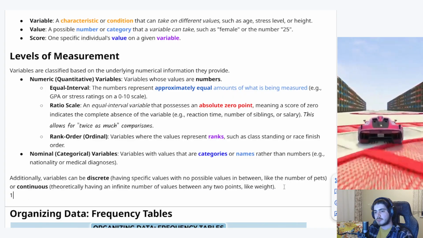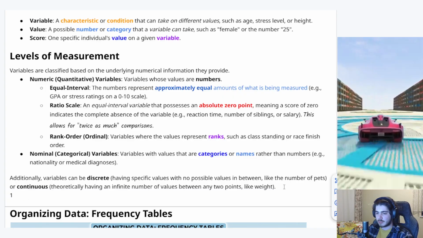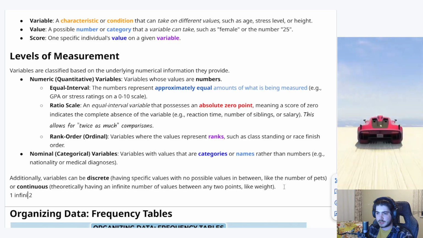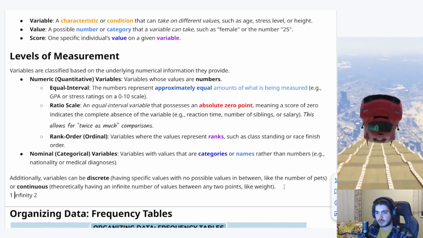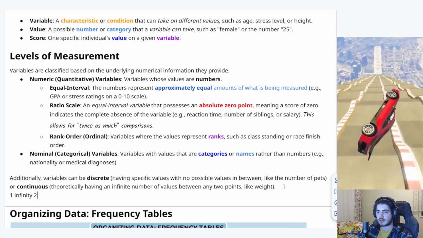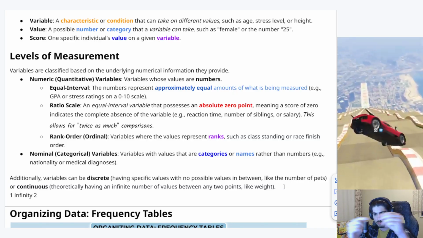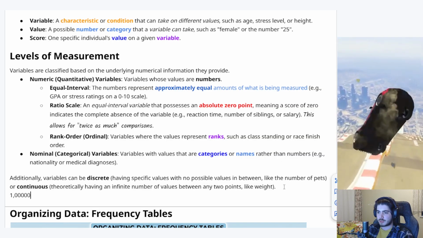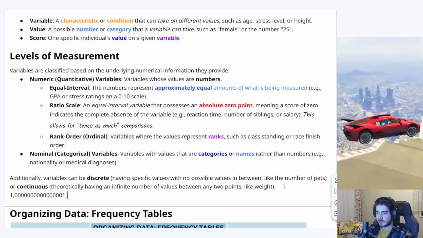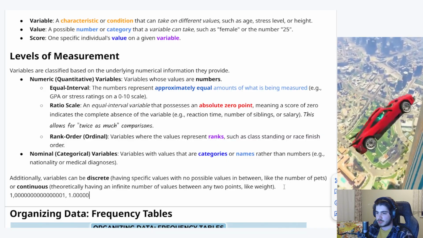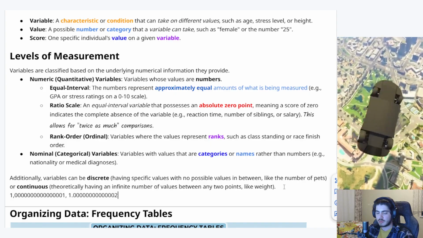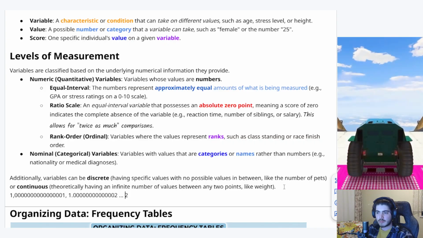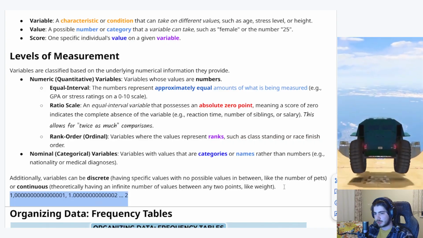But a continuous variable, since it's a float, has infinity between 1 and 2 when you look at it on a ruler. So there is 1.00000001, there is 1.00000002 between these two values, you know? So that's what we call a continuous variable.